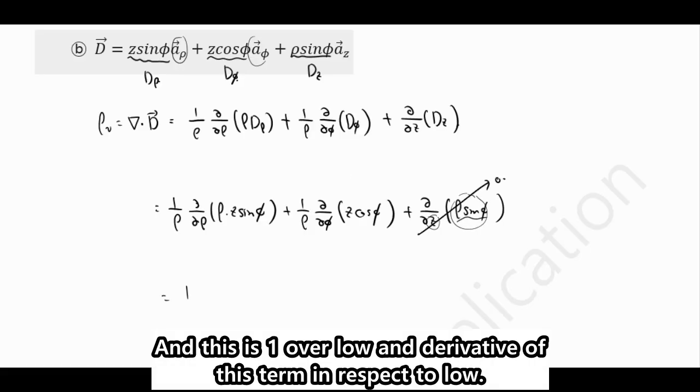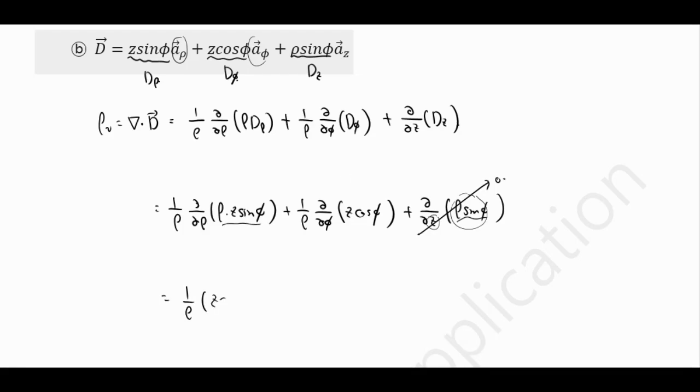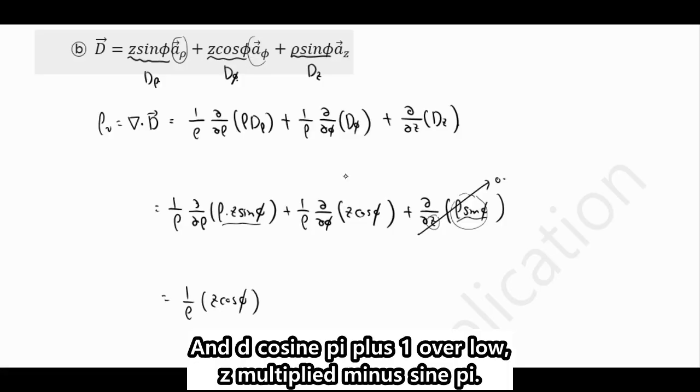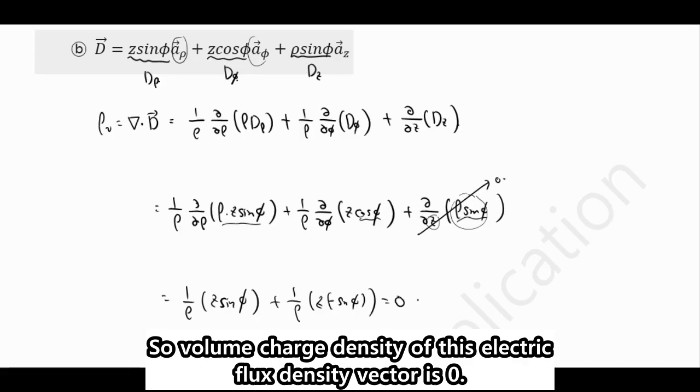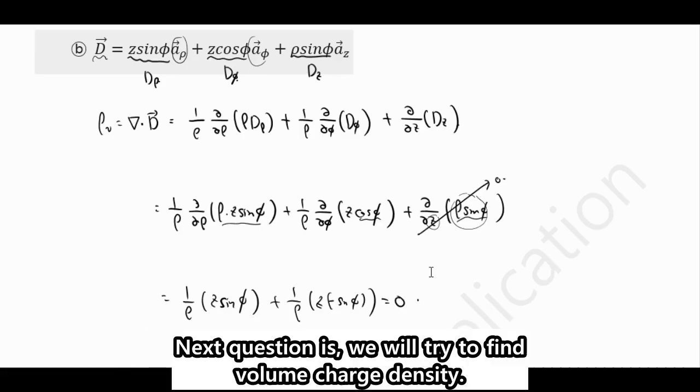And this is 1 over rho, the derivative of this term with respect to rho, z sine phi, plus 1 over rho, z multiplied by minus sine phi. This is sine phi, sine phi, this is 0. So the volume charge density of this electric flux density vector is 0.